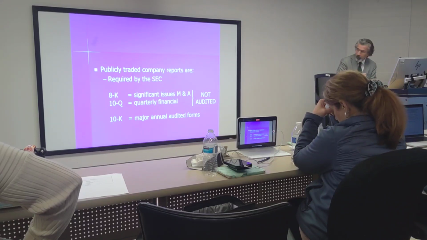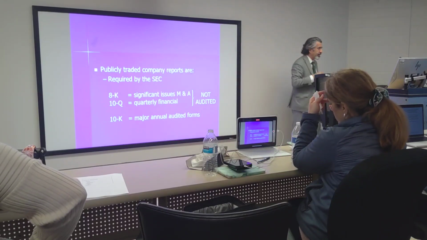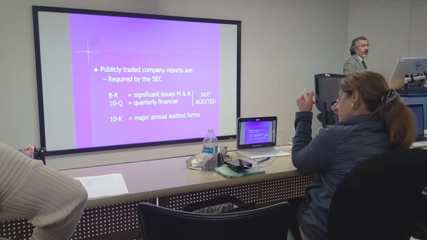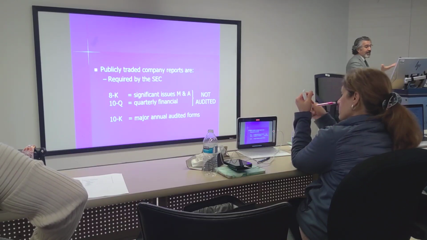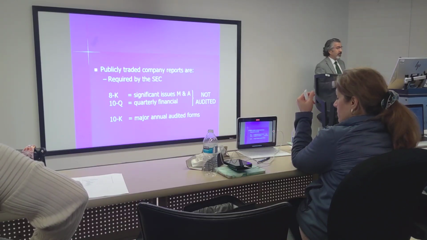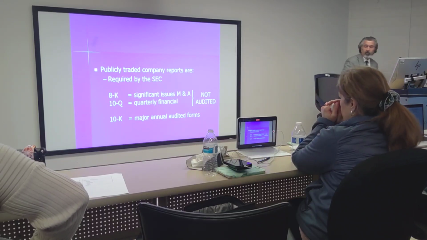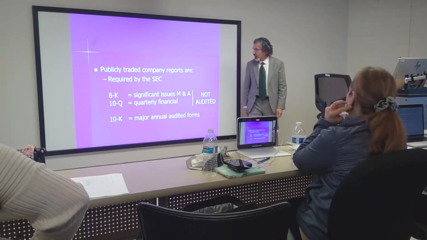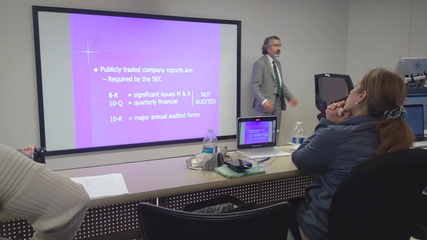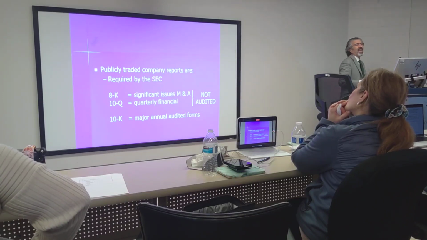All right, where are we? There are different types of reports that publicly traded companies have to do. The annual report is called a 10K. I don't think I'm going to ask you to memorize what an 8K is, what a 10Q is, the quarterly financial reports. The 8K is for mergers and acquisitions. If you merge with another company or if you buy another company, then you issue this thing called an 8K.